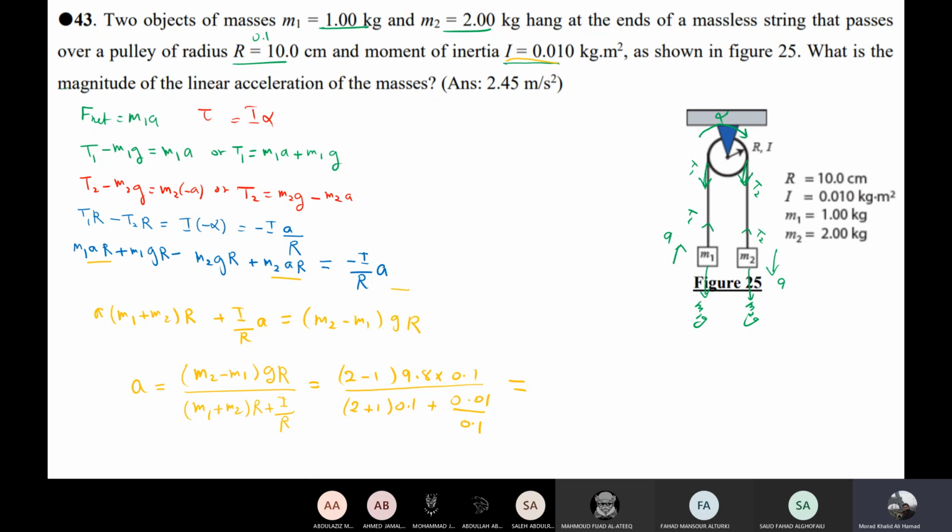How much is this? 2.45. It's correct. 2.45 meters per second squared. Clear, guys? Clear. Yes, clear.